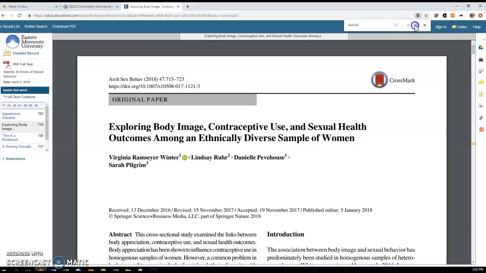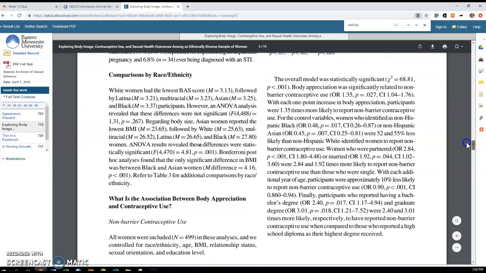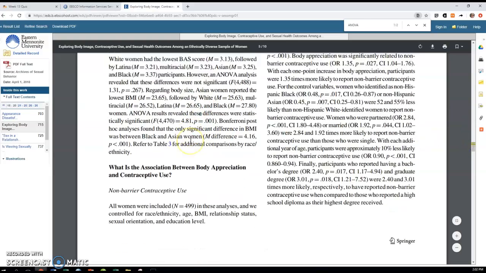So let me just jump straight to the part where they did an ANOVA. One of the things they were looking at was body size based on the body mass index. And here's what an ANOVA looks like when it's reported, or here's one way that it can look.